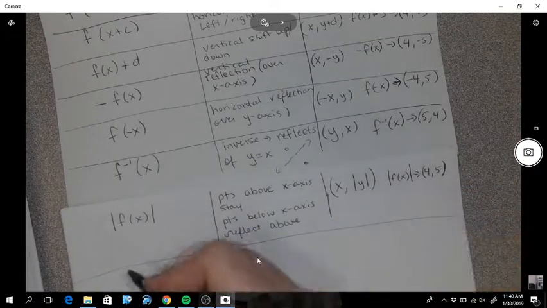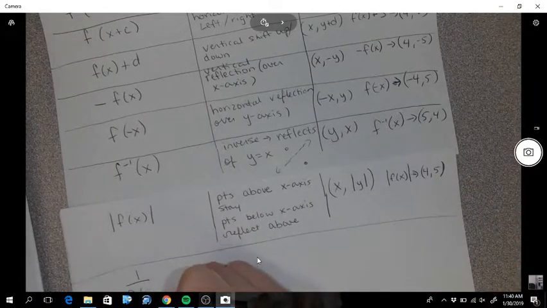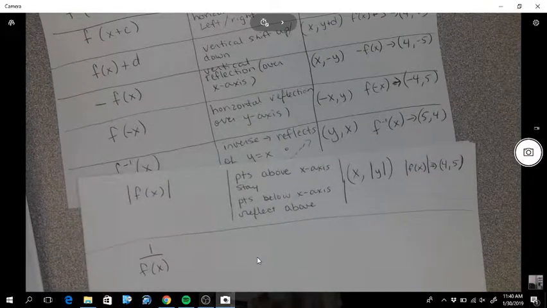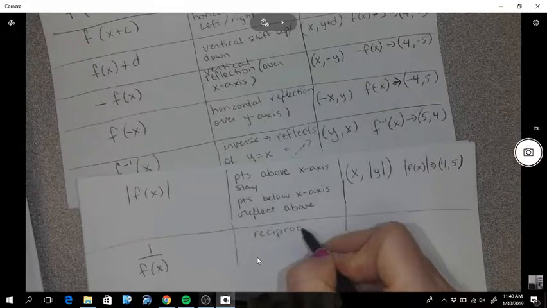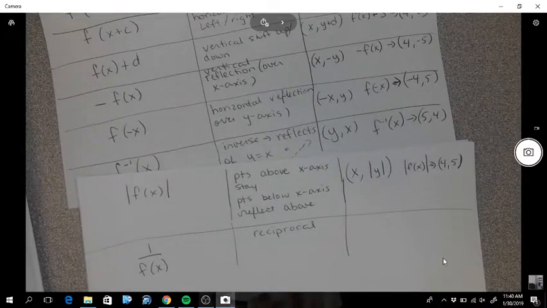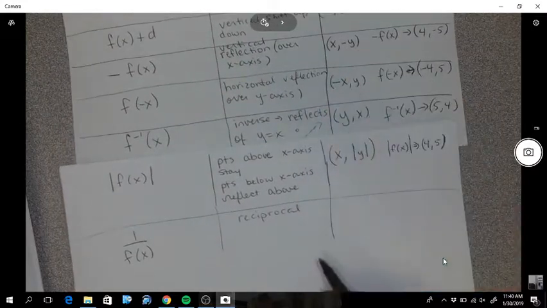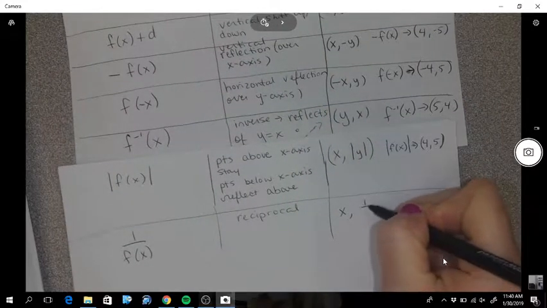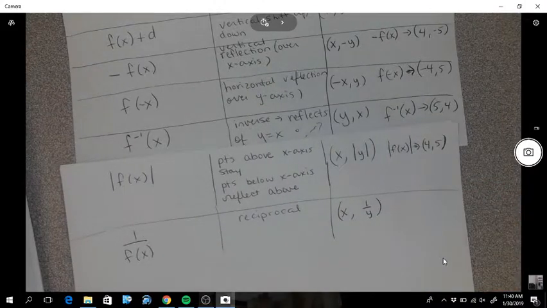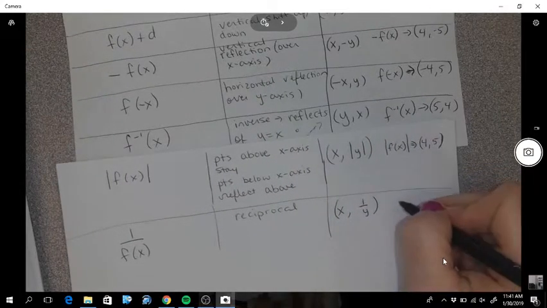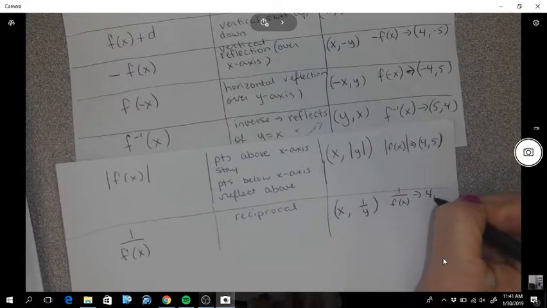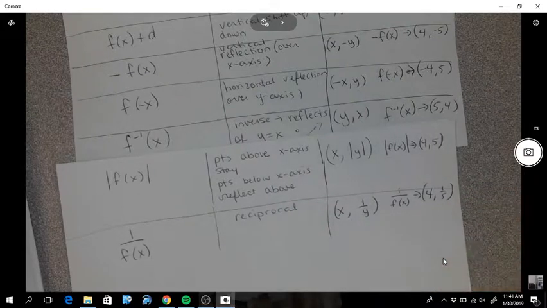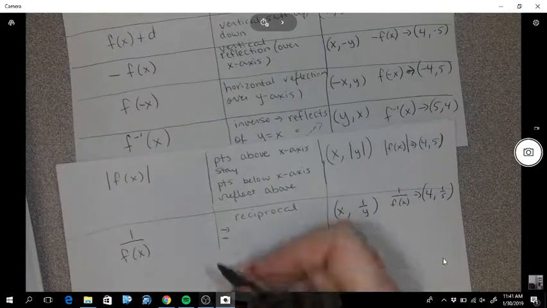And then our last example you might see is 1 over f of x, and this is a reciprocal, and we did a little bit of this in grade 11. So you're changing the point by taking the reciprocal of the y value. So our point would have the new point 4, 1/5. And remember when we did this, we kind of had 3 special things going on.